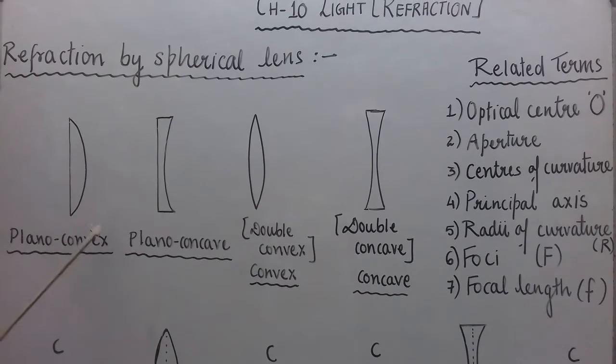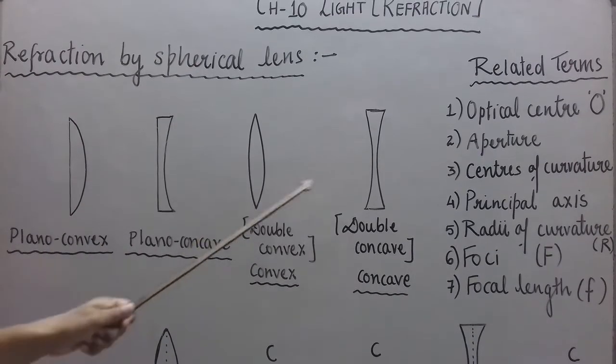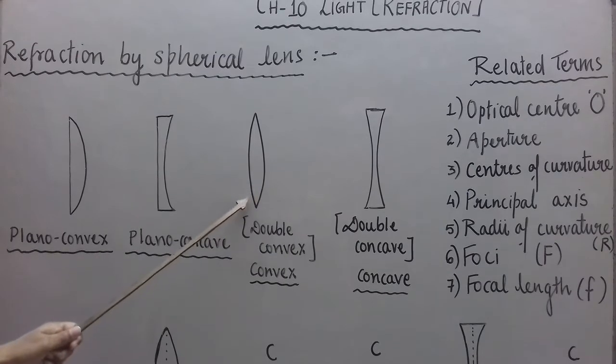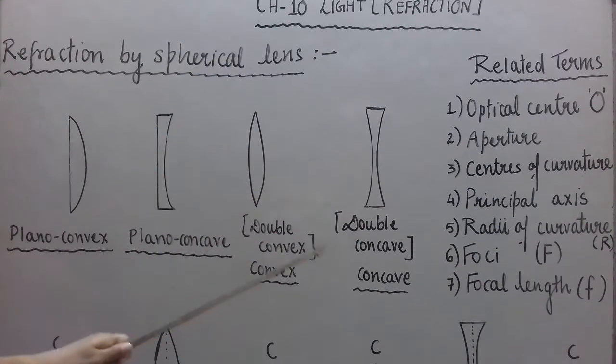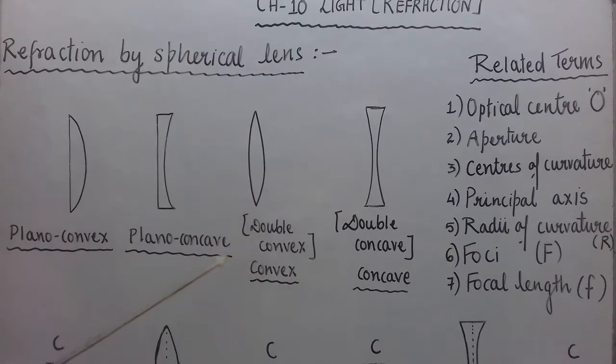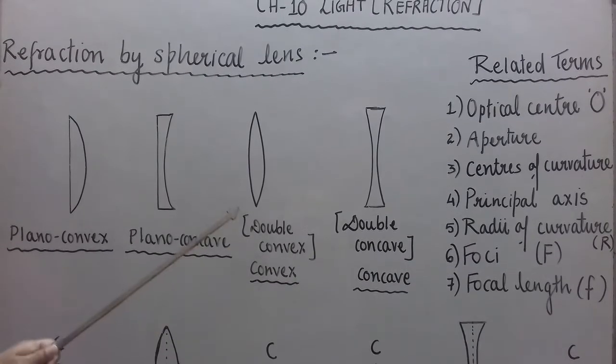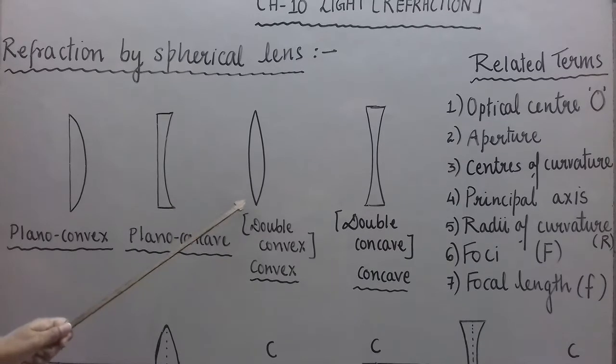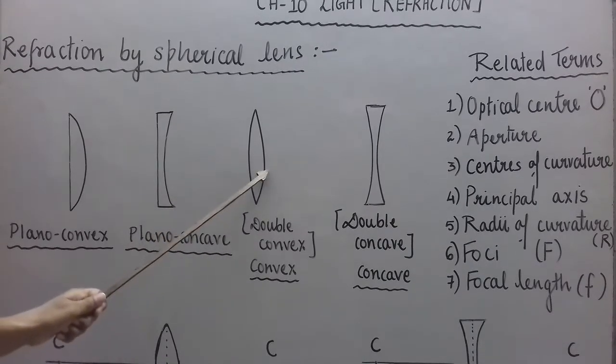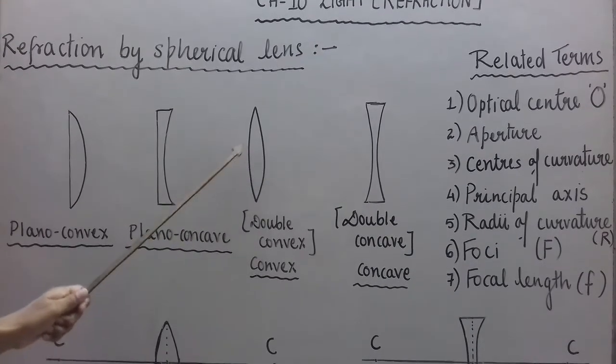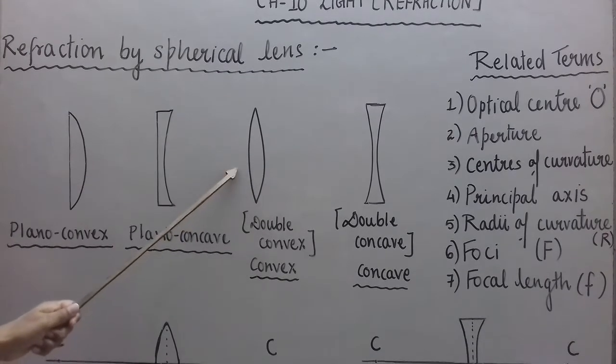Now students, we are going to concentrate only on these two types of lenses in our syllabus, convex lens and concave lens. And also do remember, we are going to consider only symmetrical such lenses. Symmetrical in the sense, here the two sides are spherical, curved outwards and symmetrical.